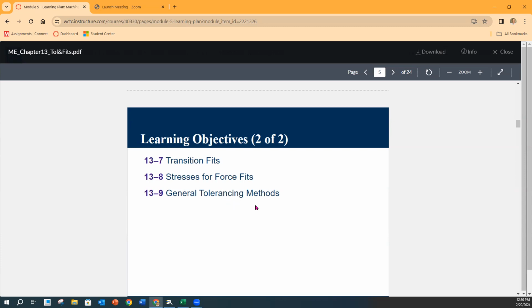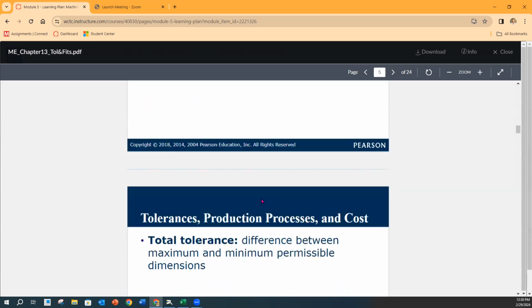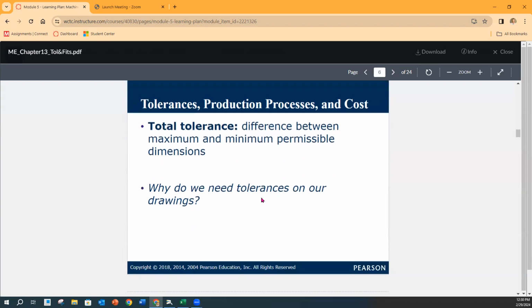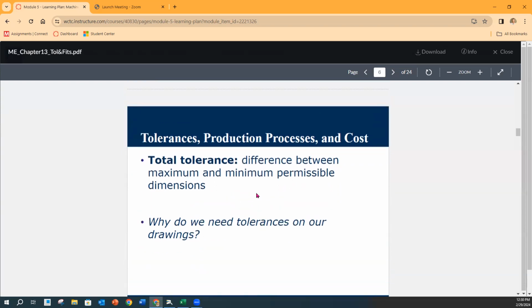Now, at this point in the program, you have had creating models, creating drawings, creating assembly drawings, and using the standards. This is another application of that, so nothing that we're doing here or talking about goes outside of that. Additionally, you had GD&T where you would have talked intimately about these things.